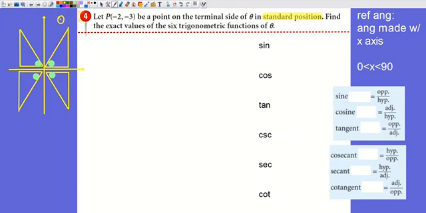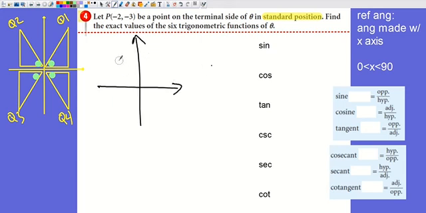This is quadrant 1, this is quadrant 2, quadrant 3, and quadrant 4. So let's say I have an x-axis and a y-axis over here. The point -2, -3 is here. This point is in the third quadrant, which means we're going to draw this third quadrant triangle right here.